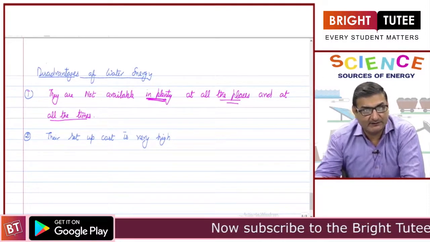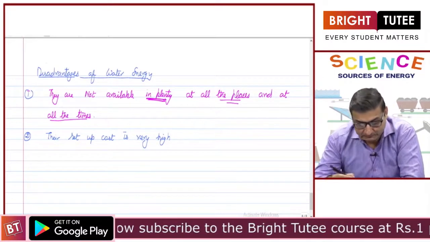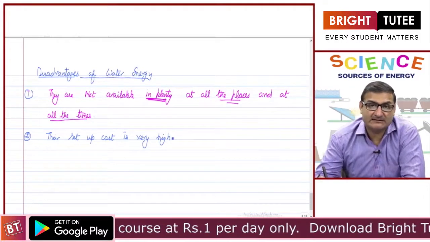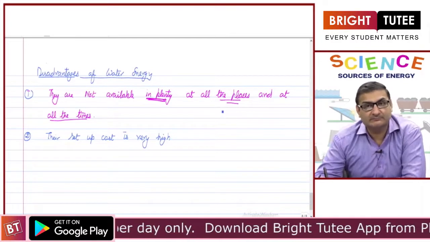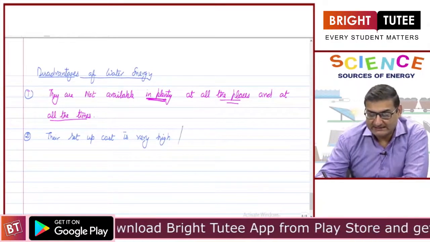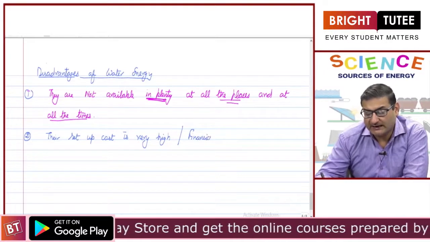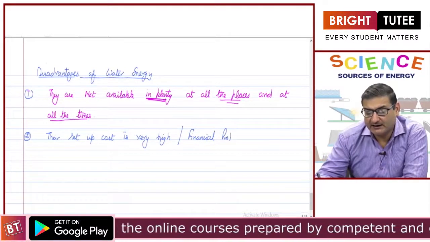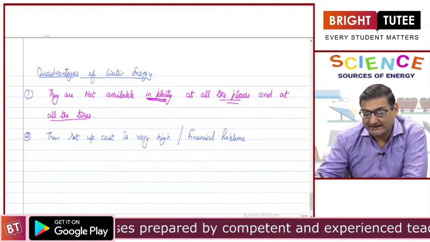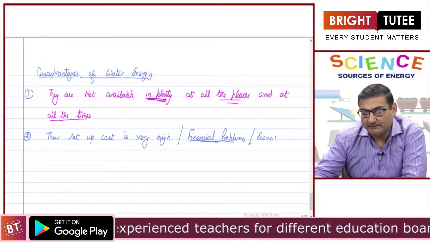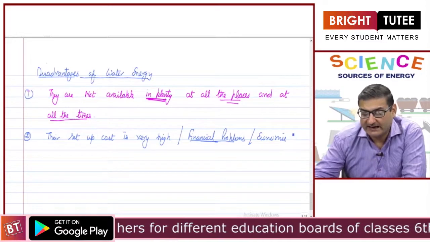Fine, the rivers are flowing, you can use it, but their setup cost is very high, and that is the major problem. So we can say that this construction of a dam in a particular area poses financial or economic problems. Why? Being the setup cost very high.